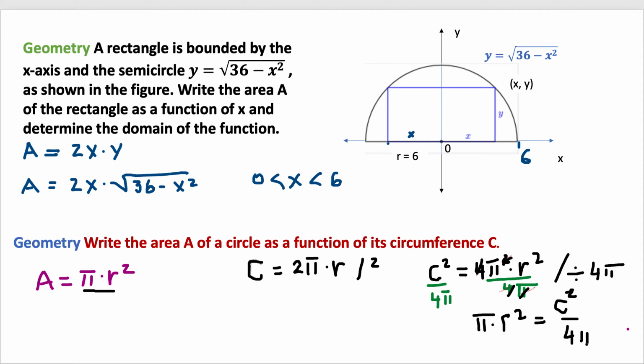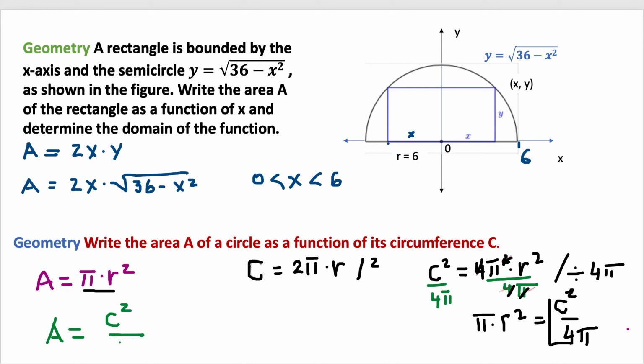And now, by applying the substitution of equality, because the area is equal to pi r squared, and instead of pi r squared I'm substituting C squared over 4 pi, the definite result is that A, the area, is going to be equal to C squared over 4 pi.